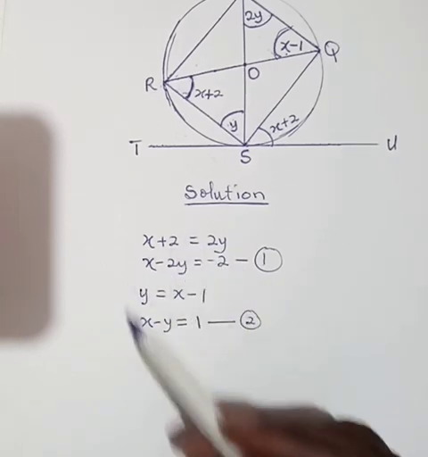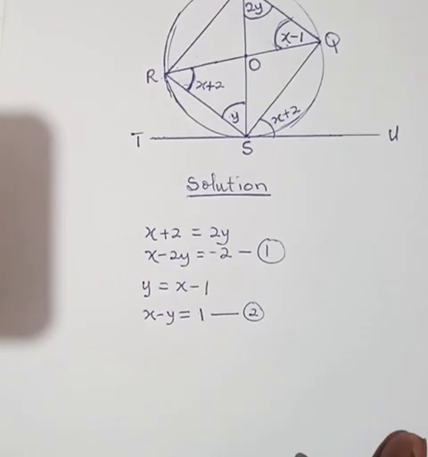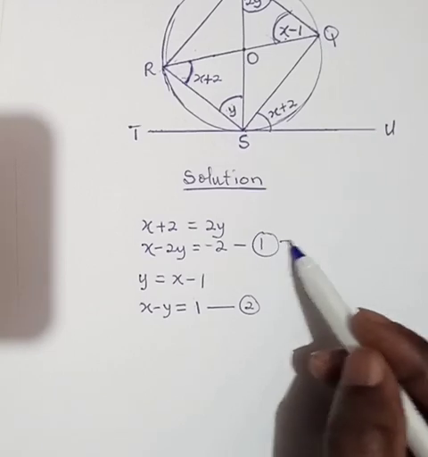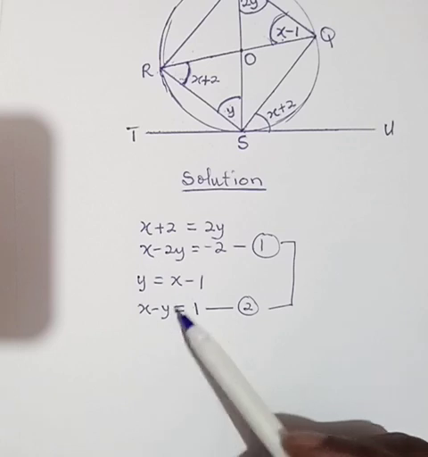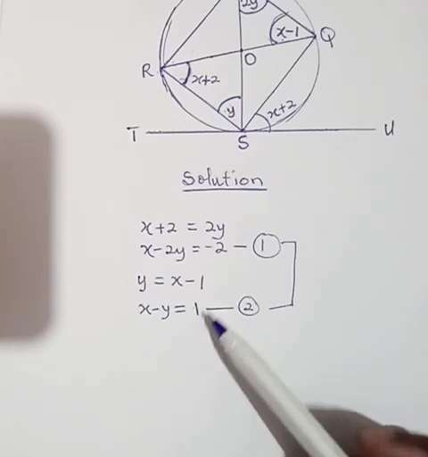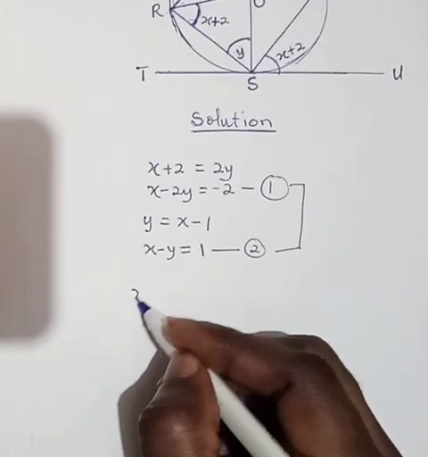Now, once you have this, I know something comes to your mind. What comes to your mind? Which equation do we have now? Now you can think of simultaneous equations. So it means that we are going to solve these two equations simultaneously. Good. So these are the two equations we have now.